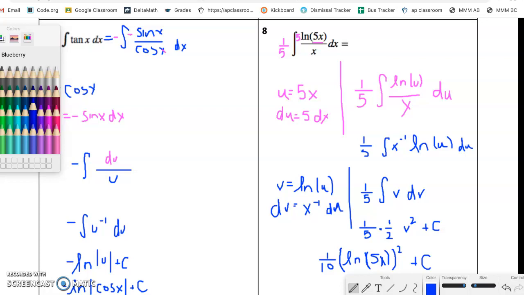Instead, if you would like to, you can just make this whole expression at the beginning. You could have just done u equals ln 5x and just set du equal to 5 times 1 over x, same as 5x to the -1, and just substituted from there.